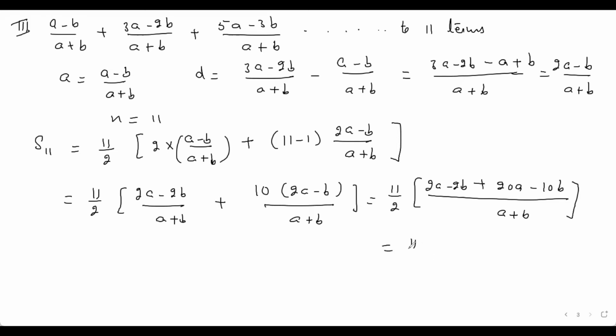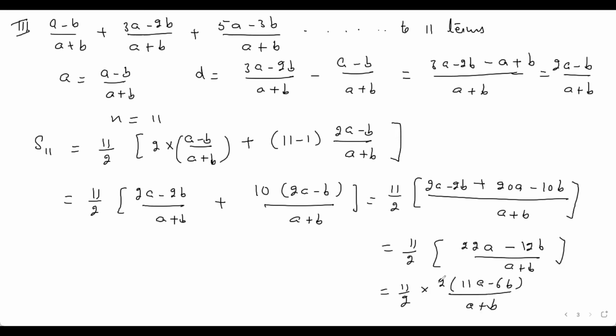This is equal to 11 by 2, (22a minus 12b) upon (a plus b). 11 by 2, take 2 common, I have (11a minus 6b) upon (a plus b). So the answer is 11 times (11a minus 6b) upon (a plus b). This is the sum of 11 terms.